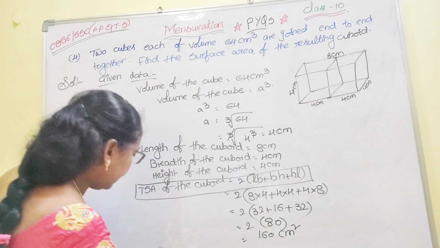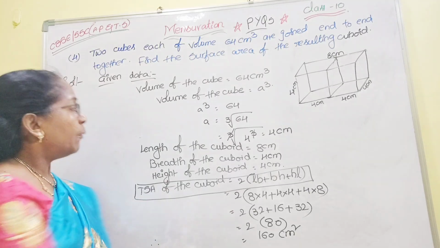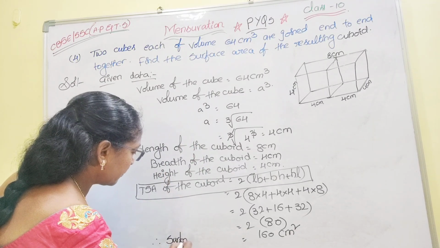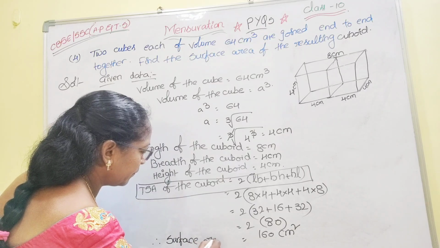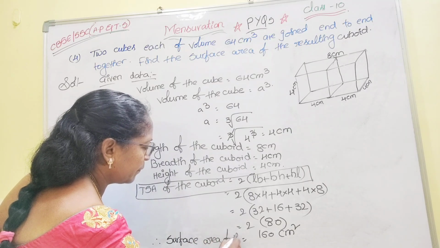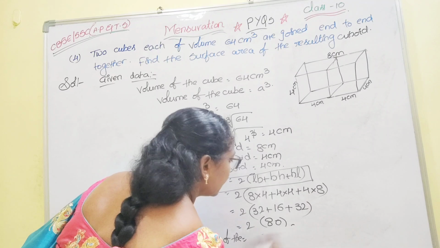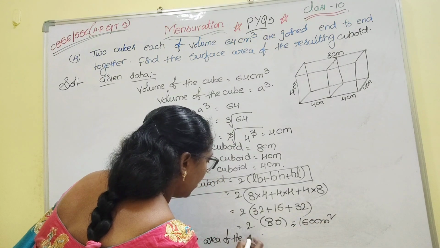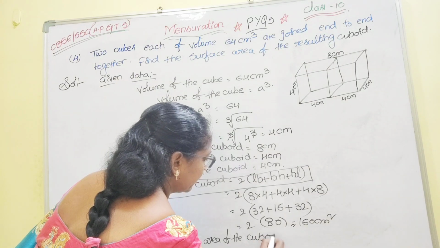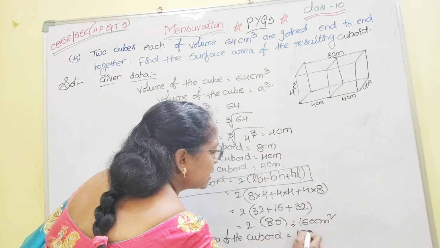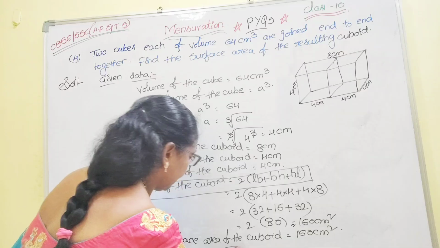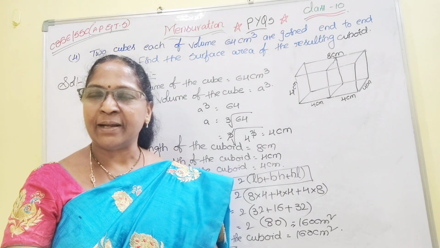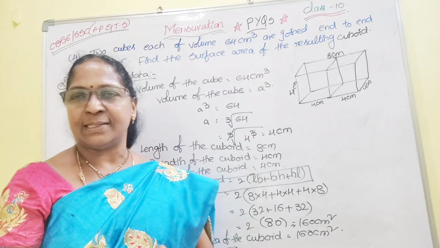Therefore, surface area of the cuboid equal to 160 centimeter square. This is the final answer. Is it clear?